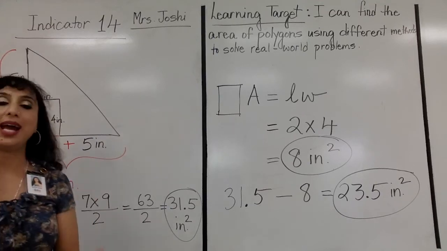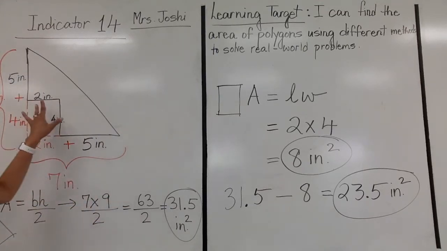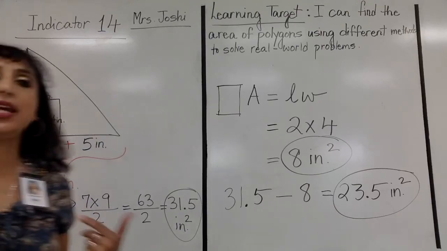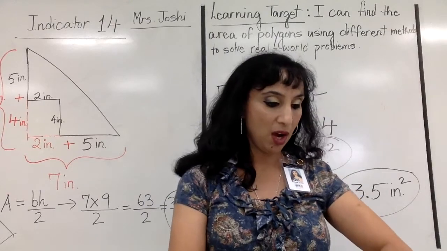If you have something like this, you can always add on and then subtract the portion that you added on, because you're making it into a shape which you can calculate easily.